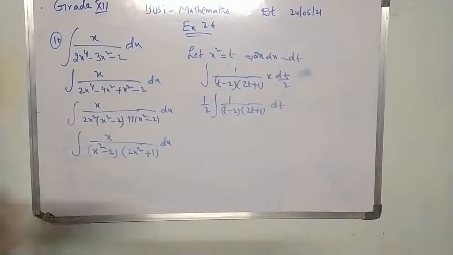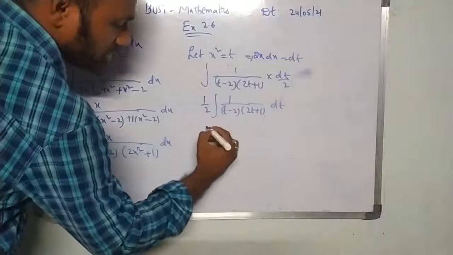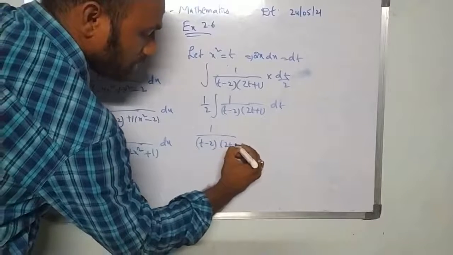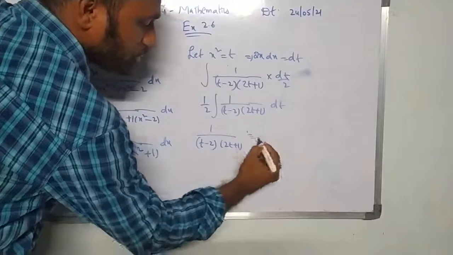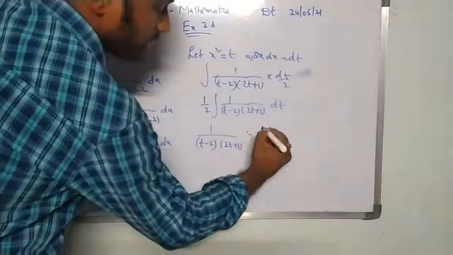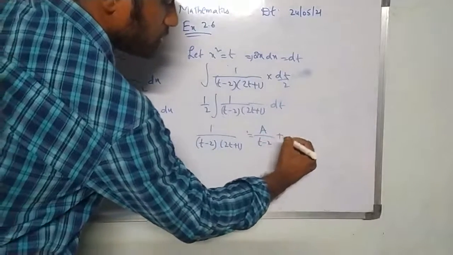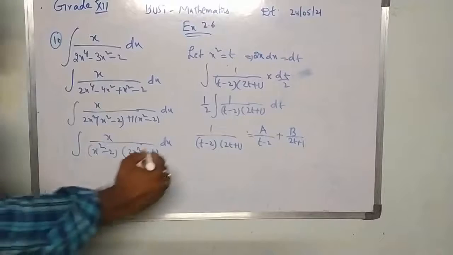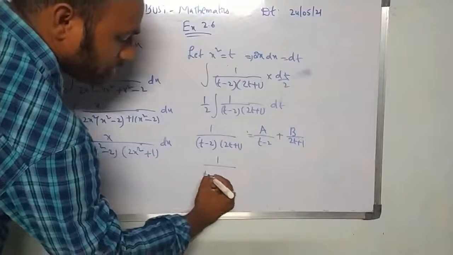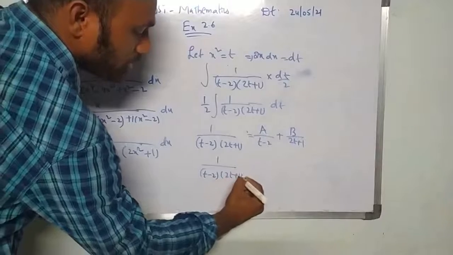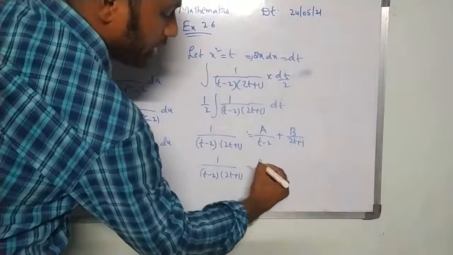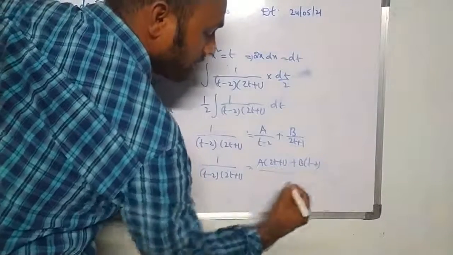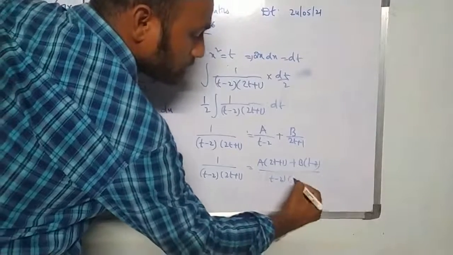Now let us apply the partial fractions for this. Let me take this term into consideration: 1 by t minus 2 into 2t plus 1. Since these are linear, directly we can write it as a by t minus 2 plus b by 2t plus 1. Taking the LCM, 1 by t minus 2 into 2t plus 1 is equal to a into 2t plus 1 plus b into t minus 2, divided by t minus 2 into 2t plus 1.